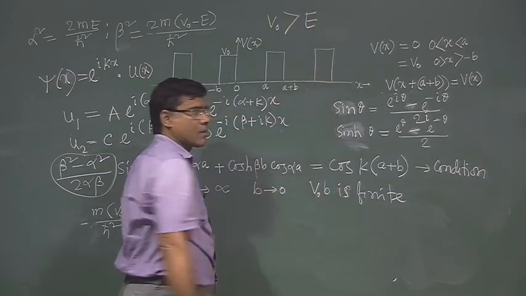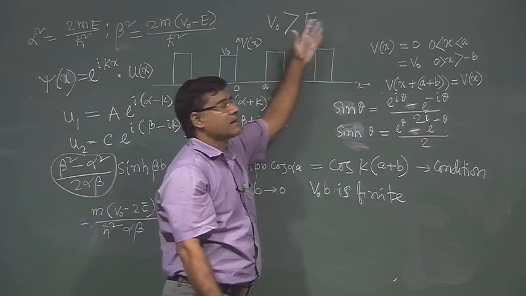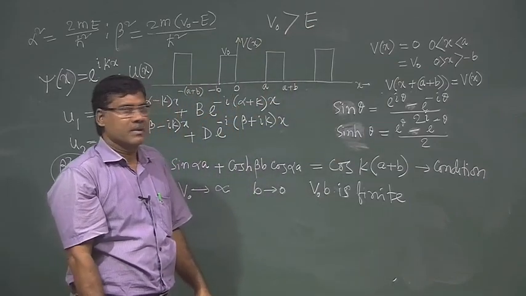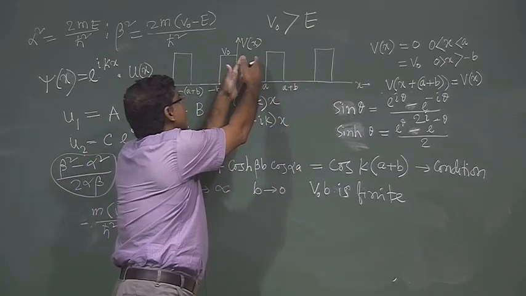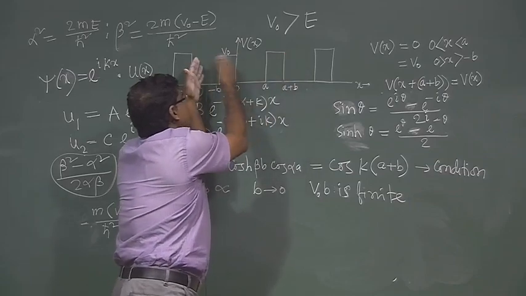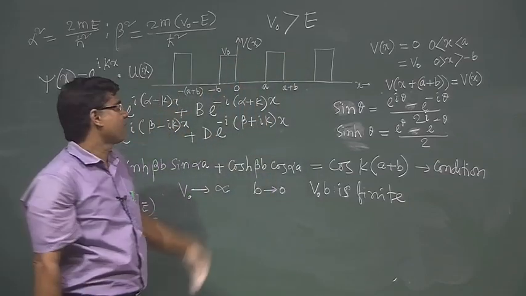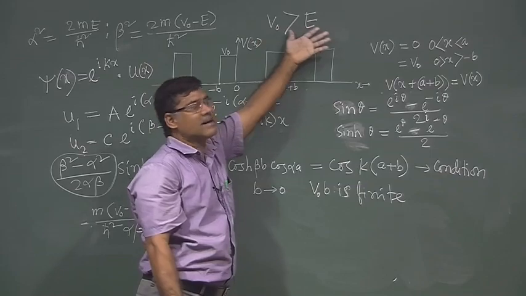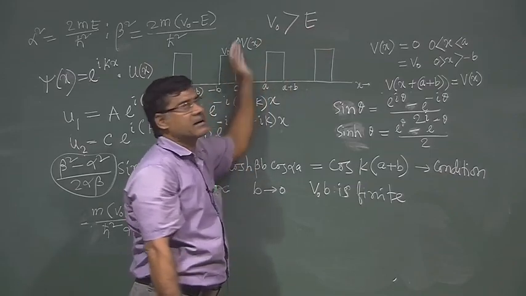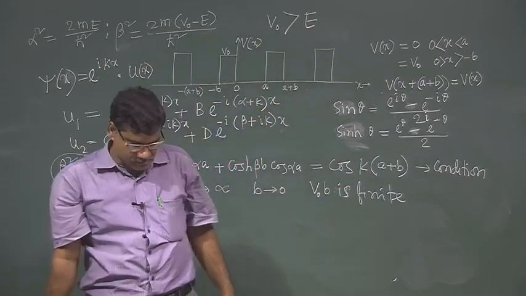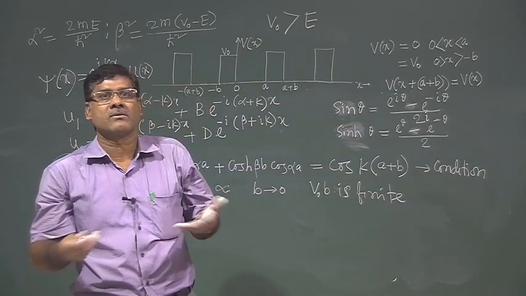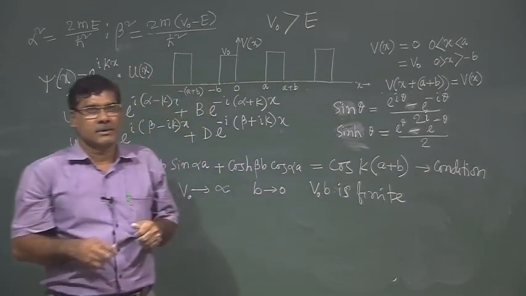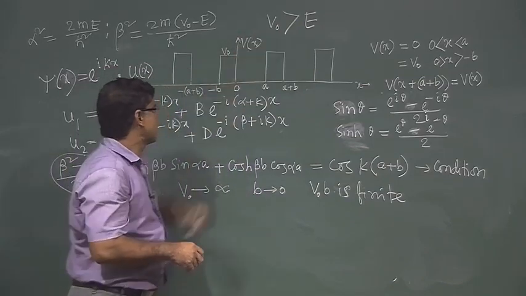We are solving this problem considering v0 is greater than e, because these electrons are confined in this potential. If v0 is less than e, the electron can easily overcome this barrier, so it will be equivalent to a free electron.